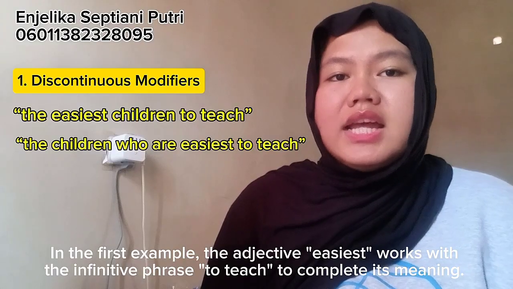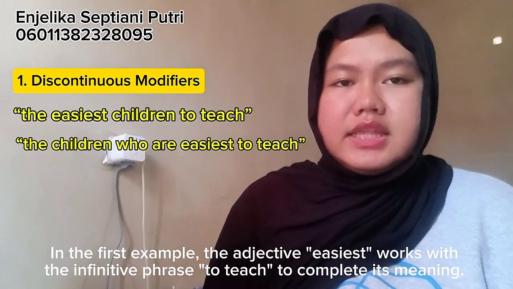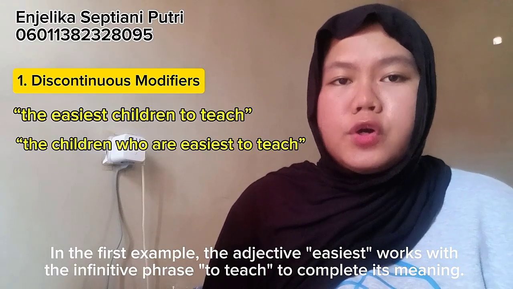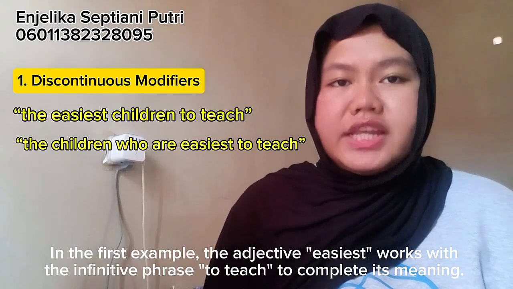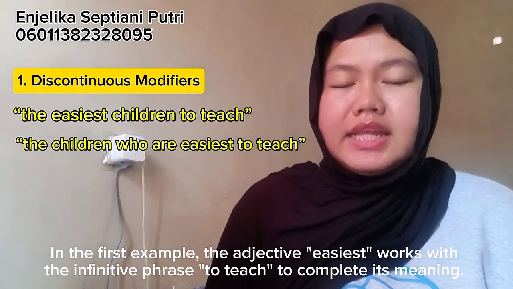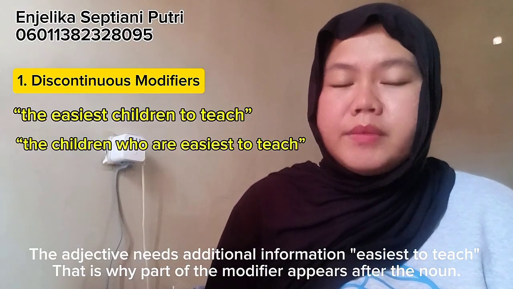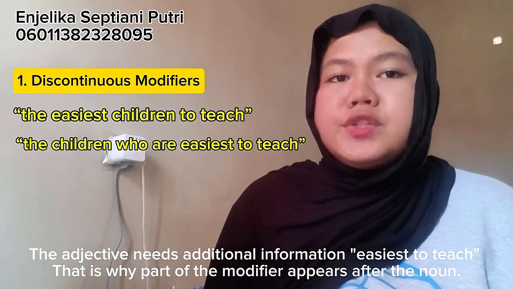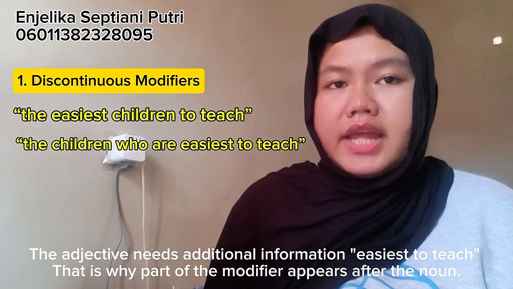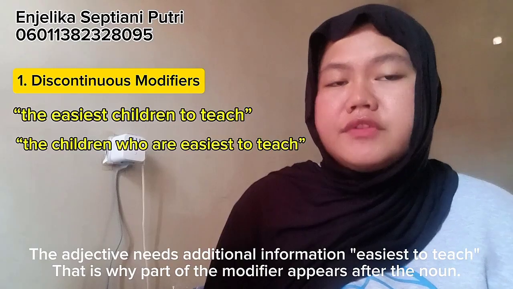So, in the first example, the adjective easiest works with the infinitive phrase to teach to complete its meaning. The adjective needs additional information, easiest to teach. That is why part of the modifier appears after the noun.